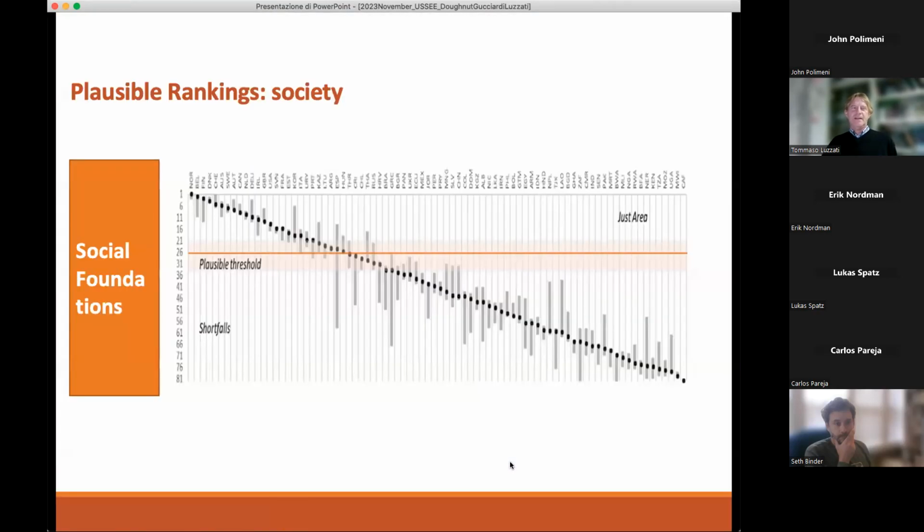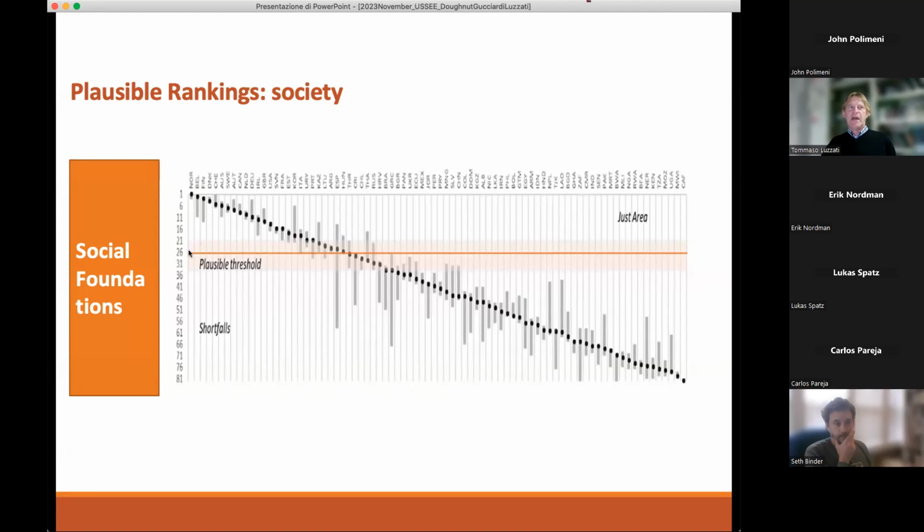So the findings. You can see in this table, on the y-axis you have the ranks, and on the x-axis you have the countries. For instance, this is Norway. The black dot is the median rank, and the gray bar, like this, is the range, the best and the worst rank.